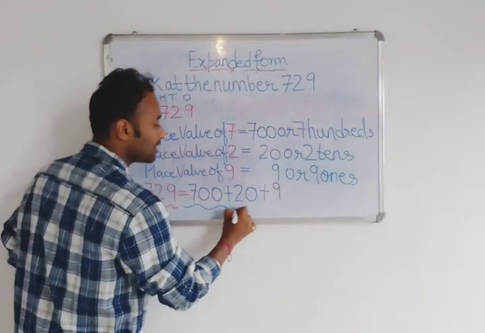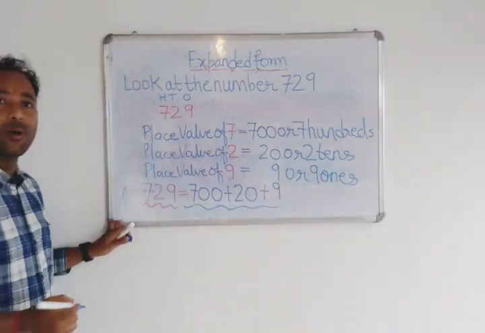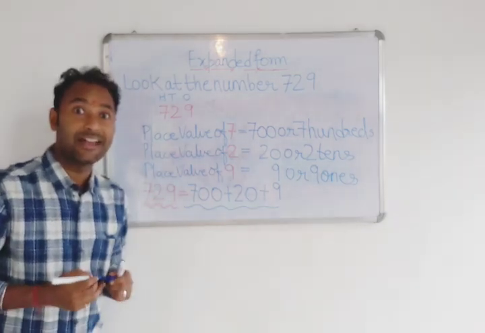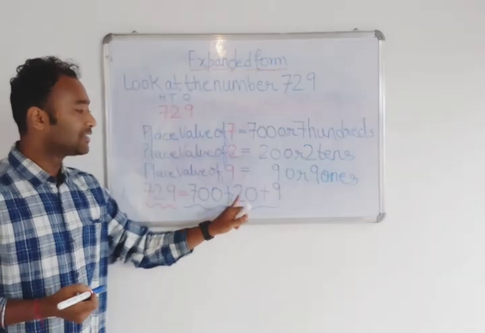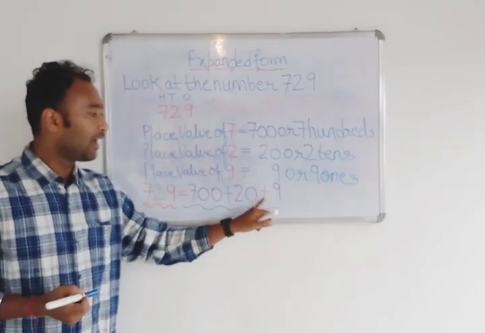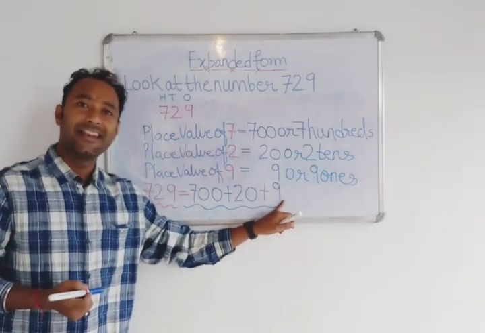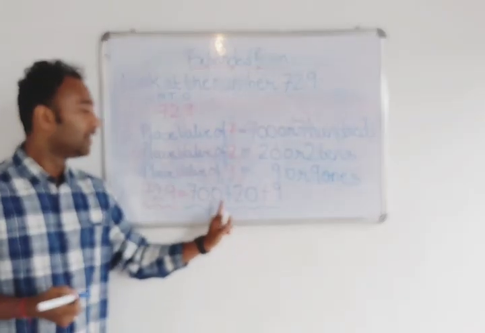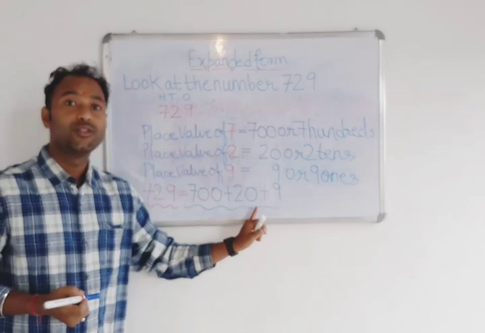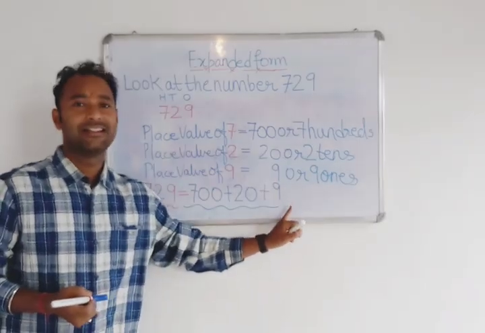So the expanded form of 729 is 700 plus 20 plus 9, or you can say 700 plus 2 tens plus 9.